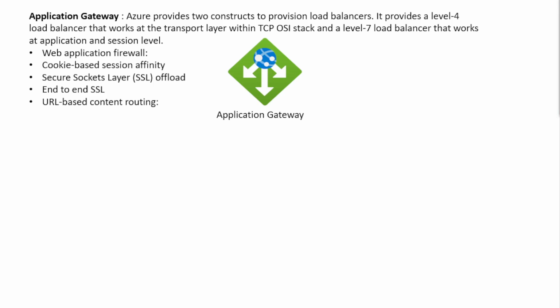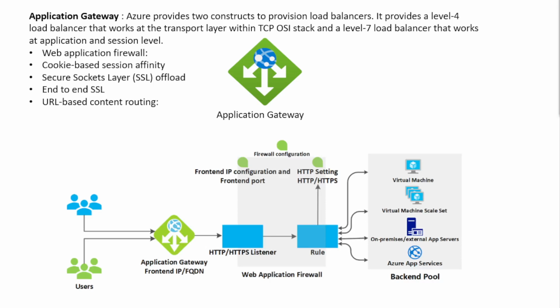Let me give you a scenario where I will show you the architecture diagram of how users try to access. There are two types of users. One is internal users, the on-prem users, and the other is users from the internet. Both capabilities are there.